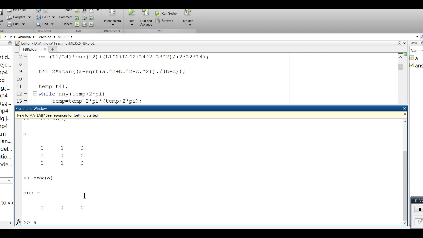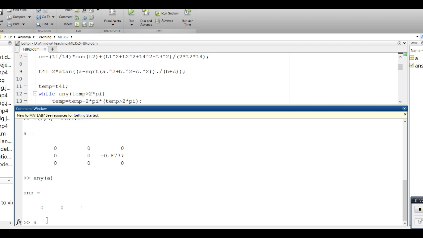Suppose I make this element not 0. So I have A 2, 3 is equal to minus 0 point some number. Okay, so that is not 0. Now if I say any in A, it will return 1 here, because in this column there is something not 0. But if I have a row vector or a column vector, then it just gives one number.